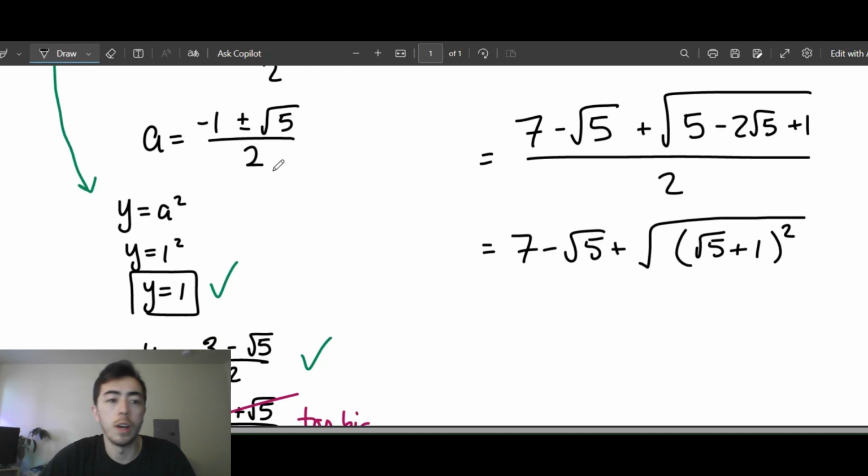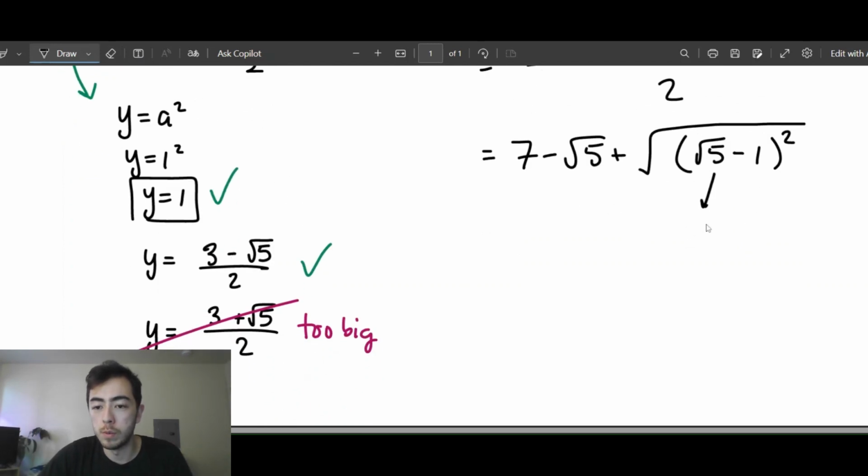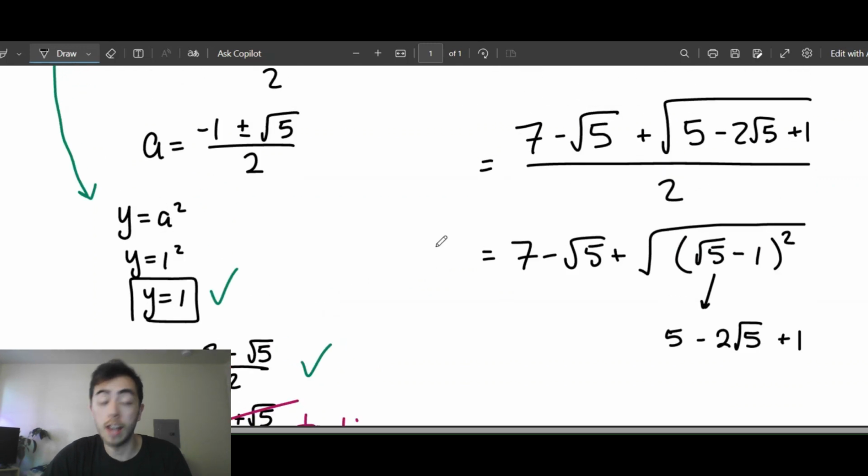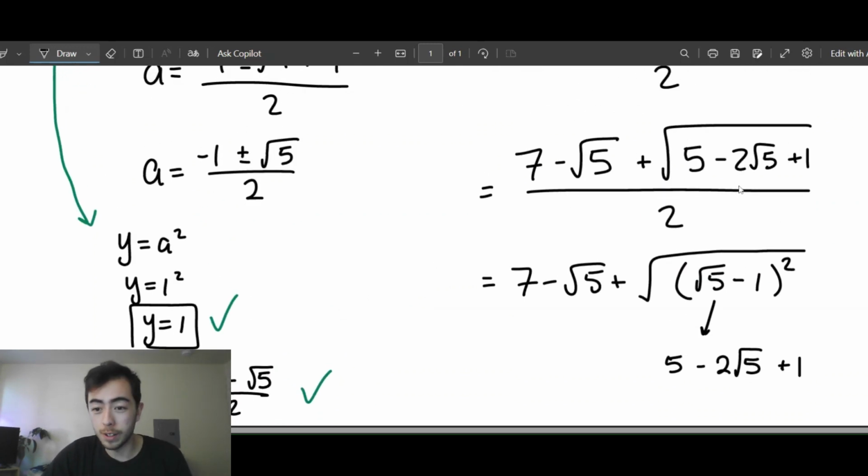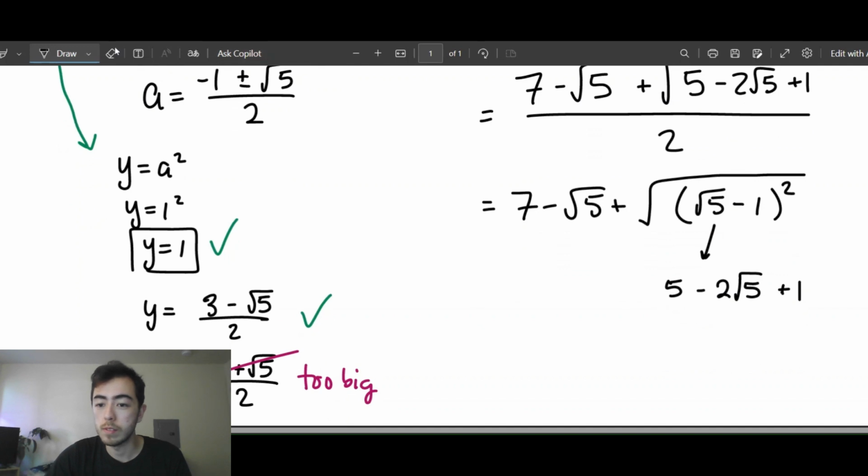Oh wait, no, root 5 minus 1, because that middle one is negative. Because if you imagine expanding this back out, we would do first times the first, which is 5. And then we would do the outside terms and twice that. So it'll be twice negative root 5. And then finally, last times last is just a positive 1, which is exactly what I had underneath a square root earlier. So great. We can collect them together as a perfect square.